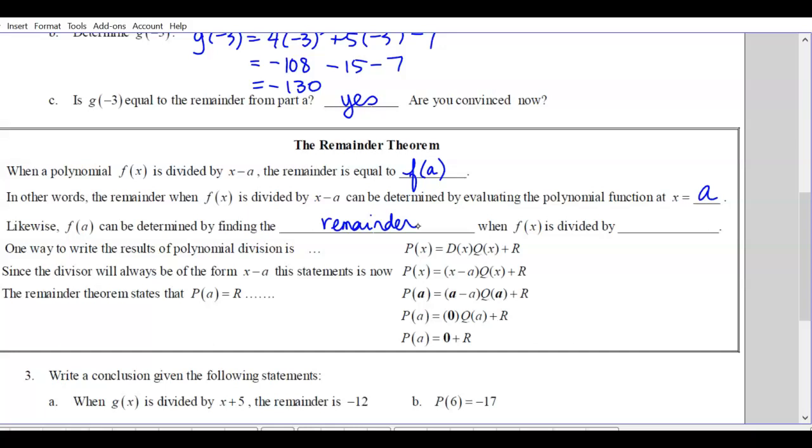When f of x is divided by x minus a, that's one way of writing the results of a polynomial division that we talked about. Since we're going to show it in the form of the divisor being x minus a, there's your divisor, x minus a. When we substitute that a value in, we see that that factor goes to 0, so you get 0 plus the remainder. So this is a sort of a little proof for you.